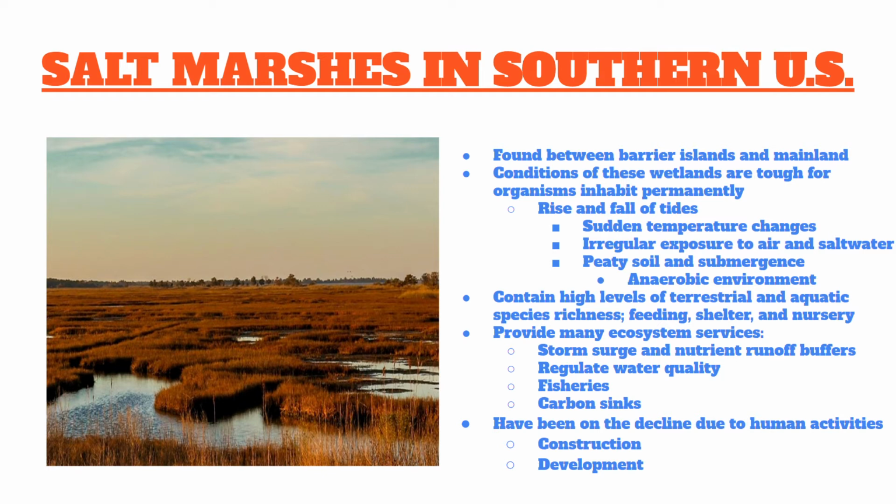Conditions of these wetlands are tough for organisms, and these conditions are what cause these trophic cascades. There is a consistent rise and fall of tides, which causes irregular exposure to air and salt water, as well as sudden changes in temperature. And the soil also goes through changes, such as constantly being submerged in water and also the water being drained from the soil.